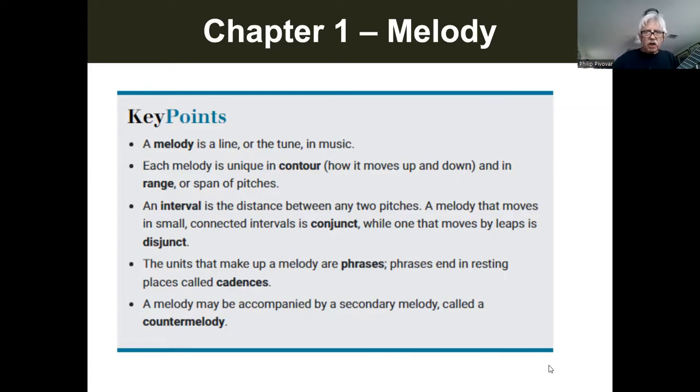But if it's disjunct, they're not next to each other like this. That's disjunct. So conjunct, the notes are close to each other, part of a scale, and disjunct, they jump all over the place.